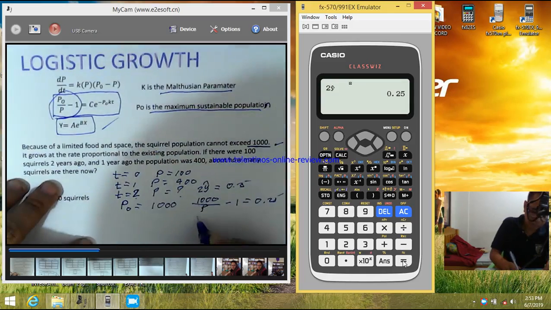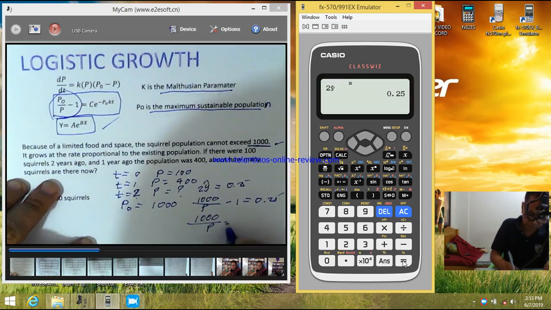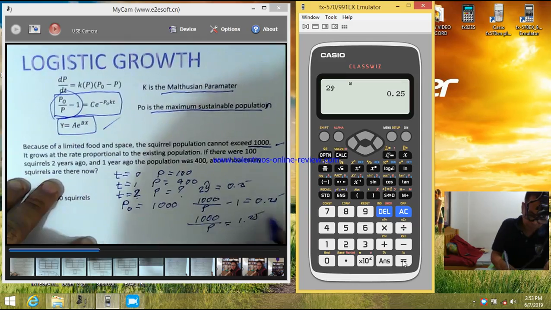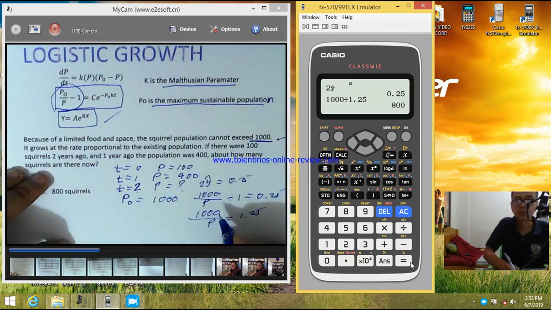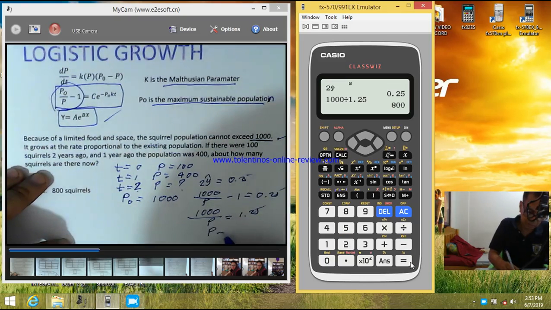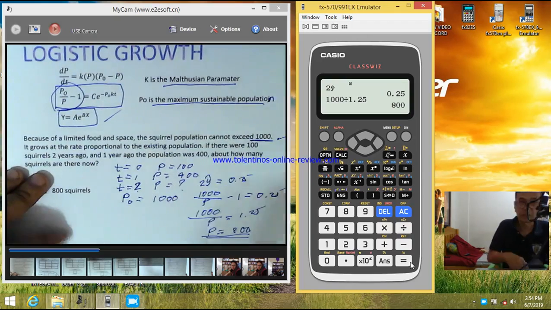Solving for P, 1,000 over P is equal to 1.25. Therefore, our P is just 1,000 divided by 1.25. And the number of squirrels is 800 squirrels.